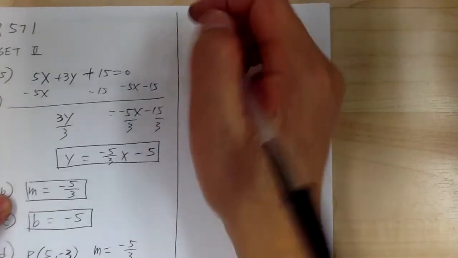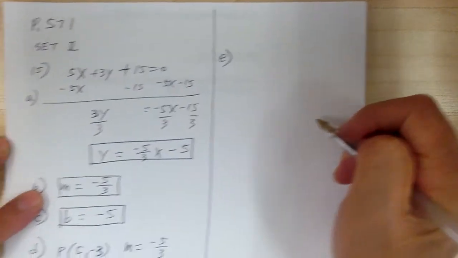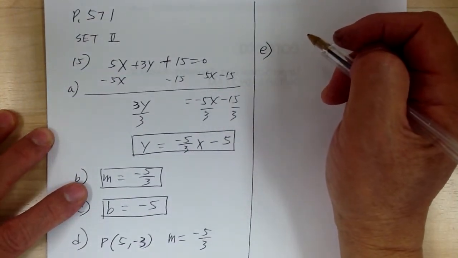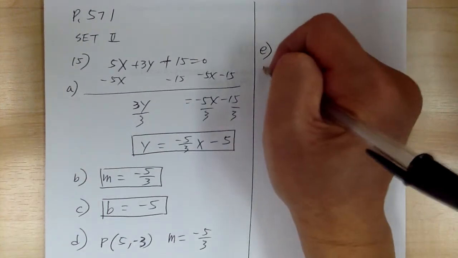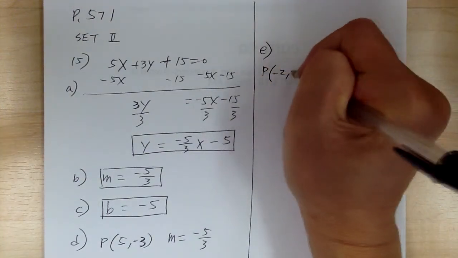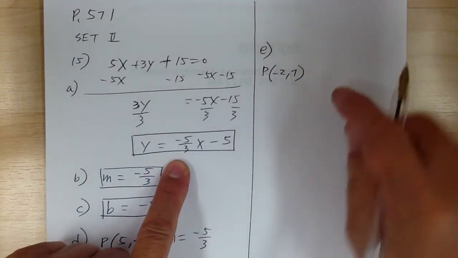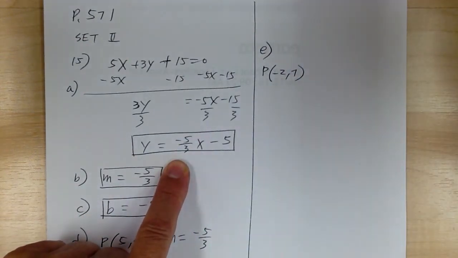Now let's go to part E. It says write an equation of a line passing through the point negative 2, 7, and it's perpendicular to this line. You have to understand what they are trying to tell you.